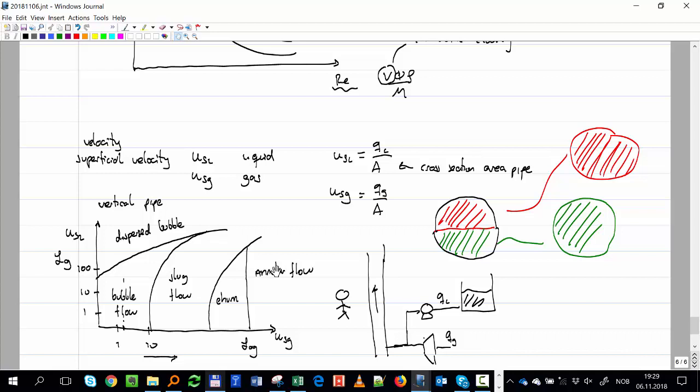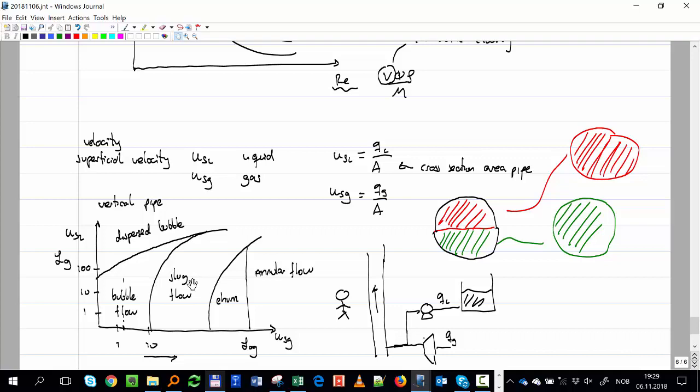And that was a big success, because now if I have some USL and USG, I can map exactly where I am, and I can calculate, depending on the flow pattern, my pressure drop.